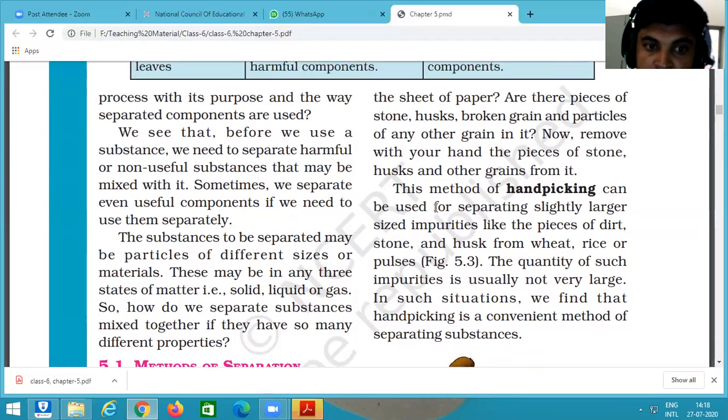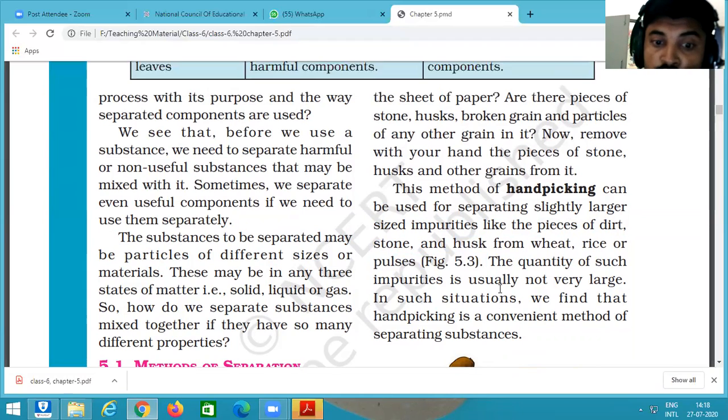The method of hand picking can be used to separate slightly larger sized impurities like pieces of dirt, stone, and husk from the wheat. It means impurities which have a slightly large size, like a piece of dirt, stone, or husk from the wheat, rice, or pulses, we can separate.